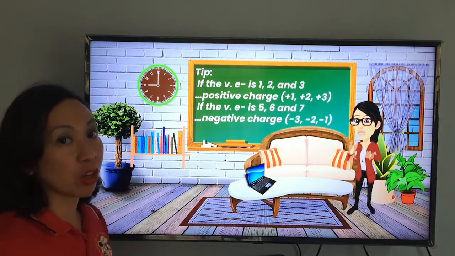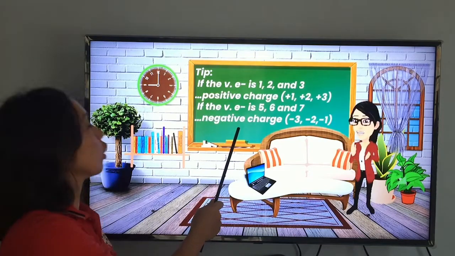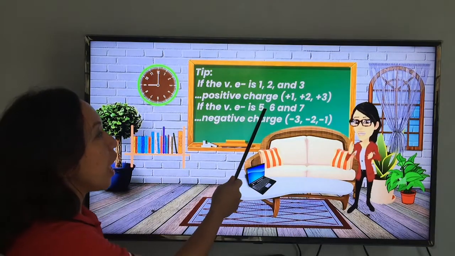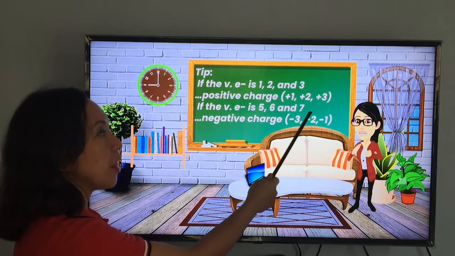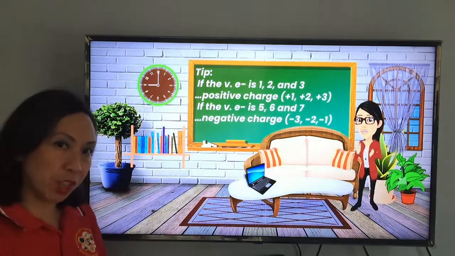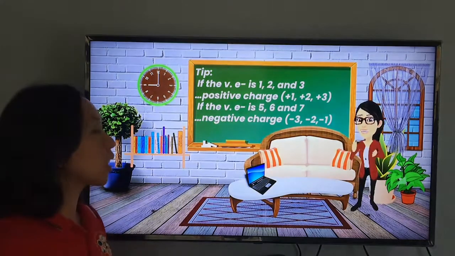If the valence electron is 5, 6, 7, it has a negative charge, and the oxidation number will be negative 3, negative 2, and negative 1. I hope this is very clear, the relationship of the valence electron to its oxidation number.